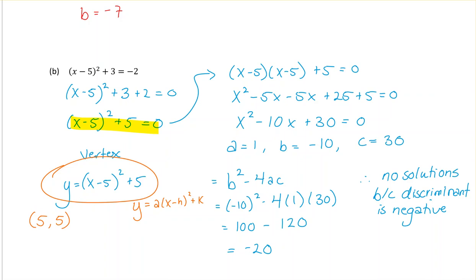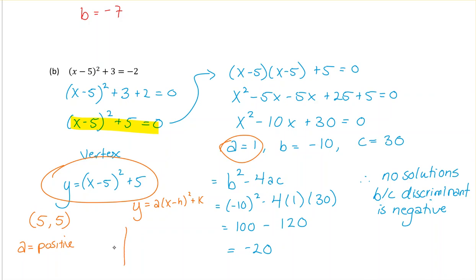Now there's no a value written here, so it's 1, and it's positive 1. A is positive, and you can even confirm that over here, which means the parabola opens up.